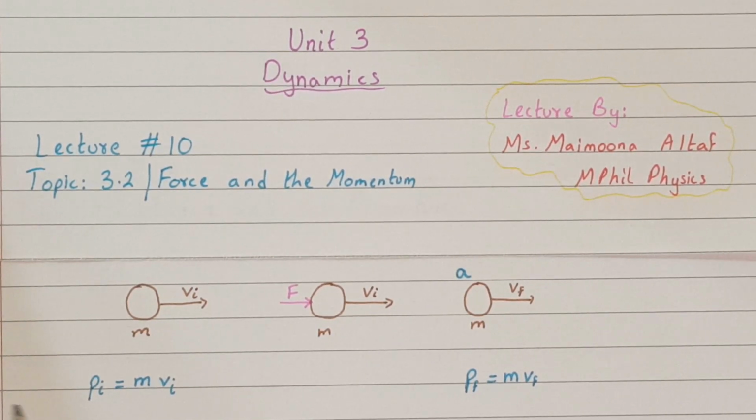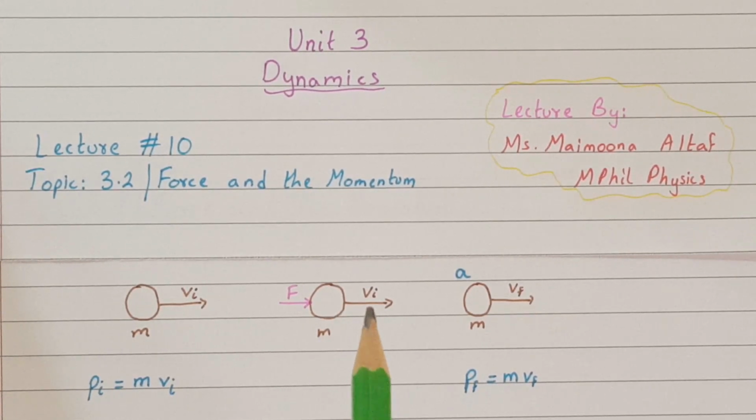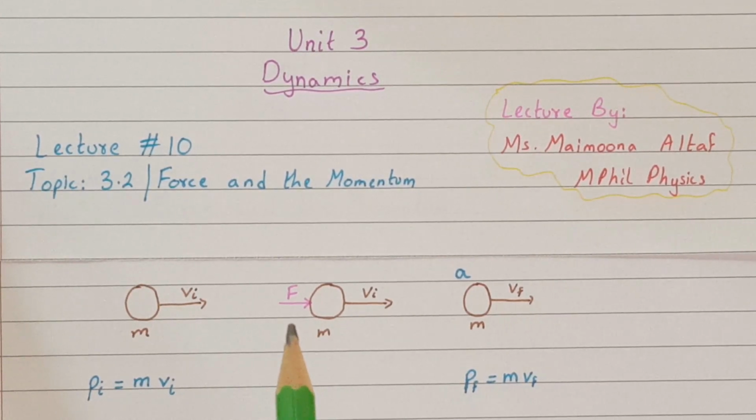Consider a body of mass m which is initially moving with the velocity vi. After some time, if we apply a force onto the object in the direction of its initial velocity, then acceleration will be produced.